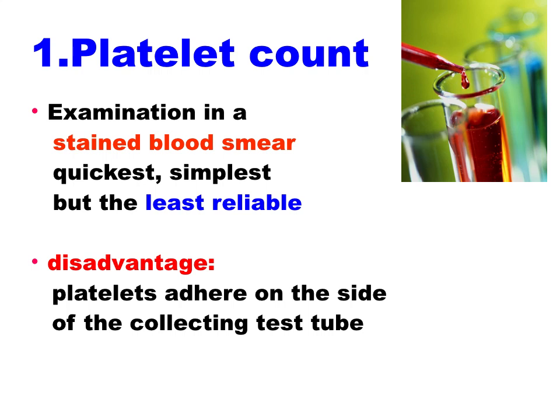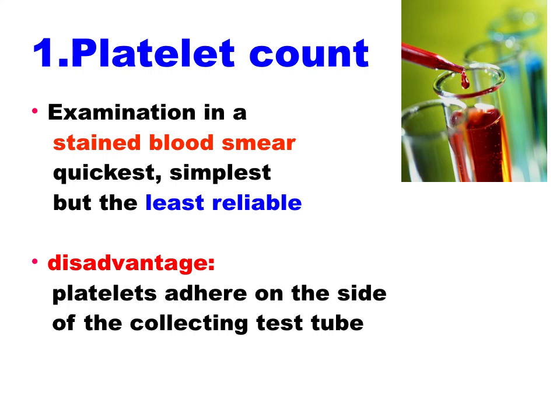As you can see, written here is the disadvantage of making a peripheral blood smear coming from a collecting tube, because the platelets tend to adhere on the side of the test tube. So how do we provide a solution for this?